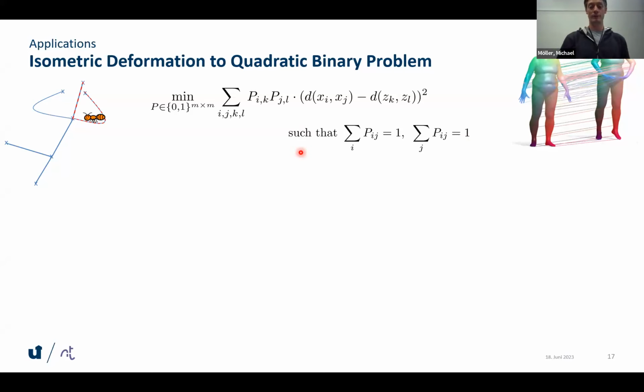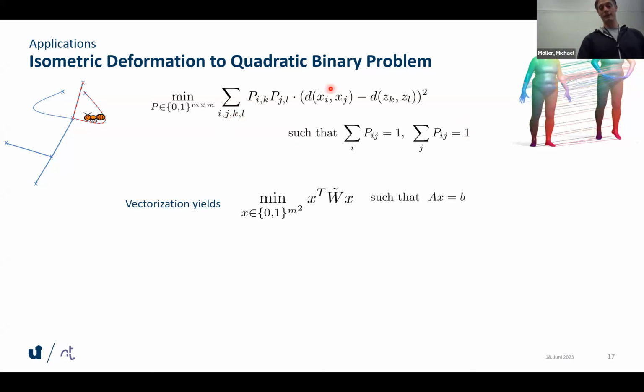And now, one reason why math is great, you can just define stuff to simplify the notation. So you say this sum over i, j, k, l, and costs, well, you just write it as x transpose W x, because you know this is quadratic, it can be written this way, after vectorizing the matrix here. And you have some linear constraints, and linear constraints can always be written as Ax equal to b.